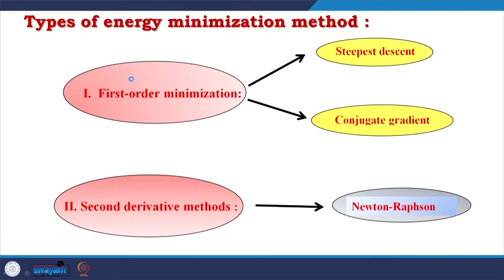There are two types of energy minimization: first order minimization and second derivative method, second order minimization. First order has two popular methods: steepest descent and conjugate gradient. Second order is Newton-Raphson.